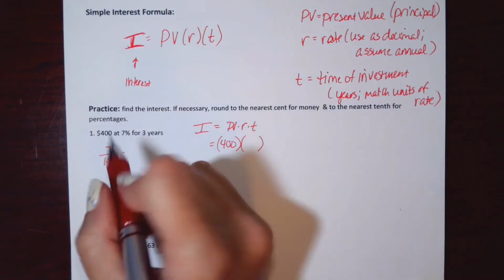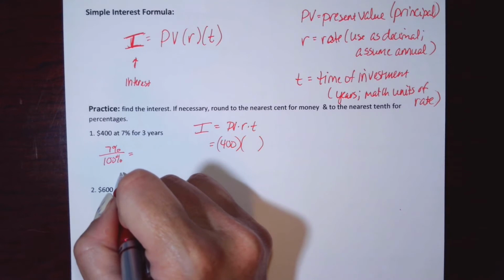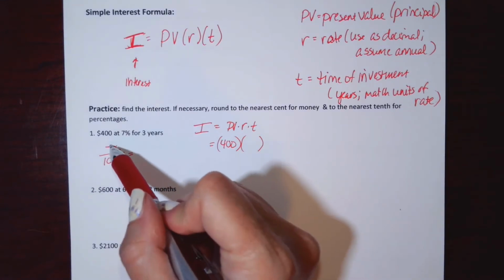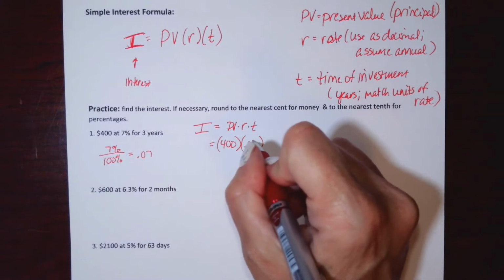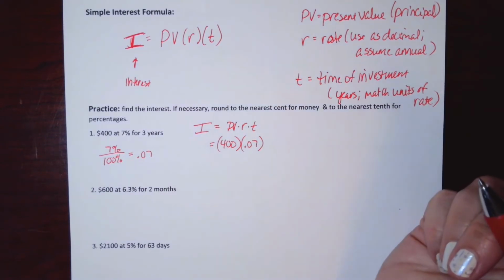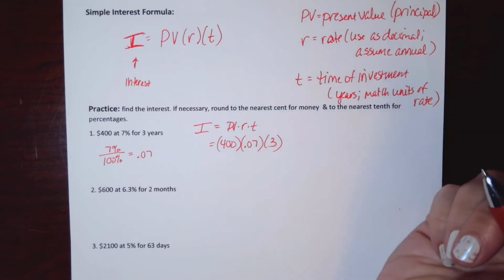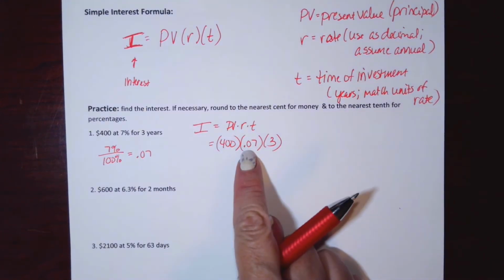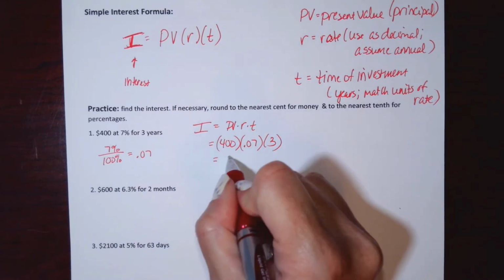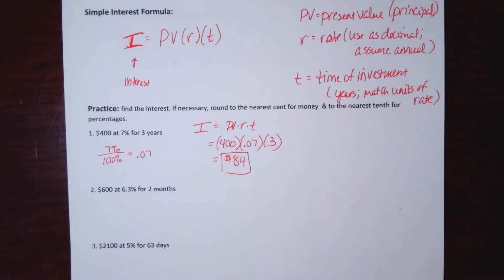If you need your calculator to help you make sure you get the decimal in the right place, this is what you're going to put into the calculator: 7 divided by 100, which gives you 0.07 as our decimal version of the rate. And then 3 is already in years, so T is 3. Multiply this out. 400 times 0.07 times 3 gives you $84 worth of interest over 3 years.